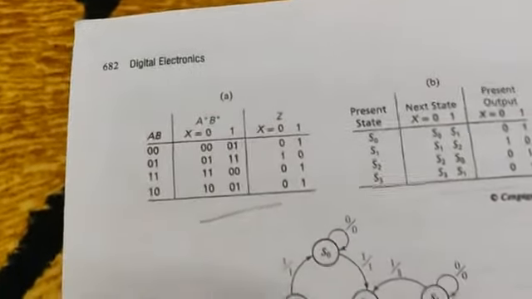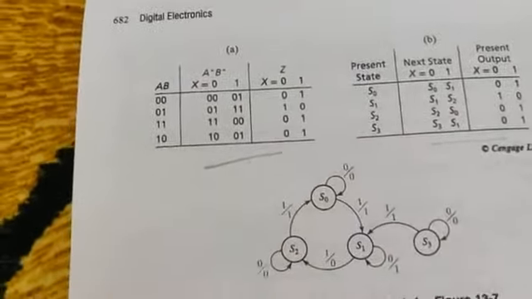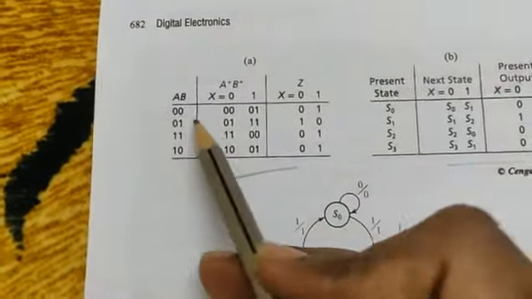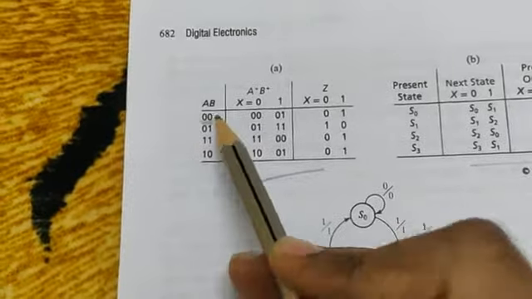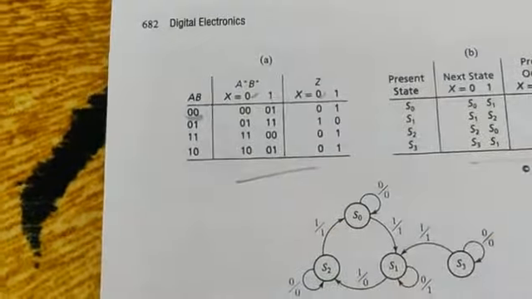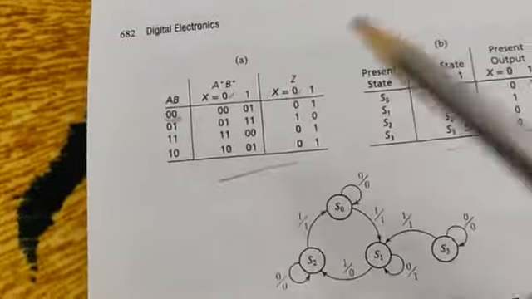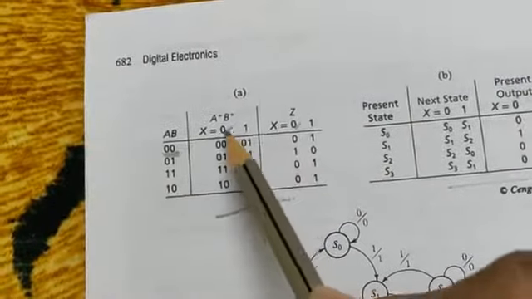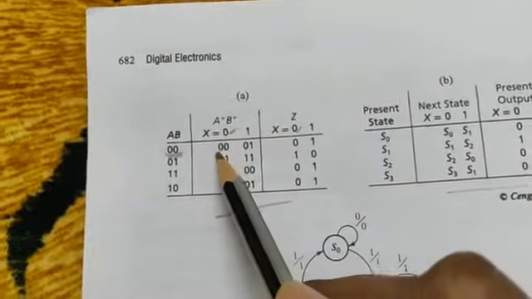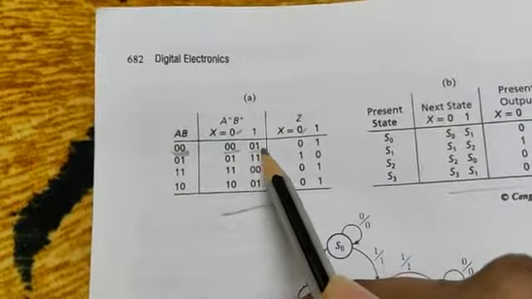So you can have a notice here. So when AB is equal to 0 0, when x is equal to 0 and z is equal to 0, no, not z is equal to 0. What happens? X is equal to 0. AB is 0 0, x is equal to 0. What happens with respect to K-map A and K-map B?